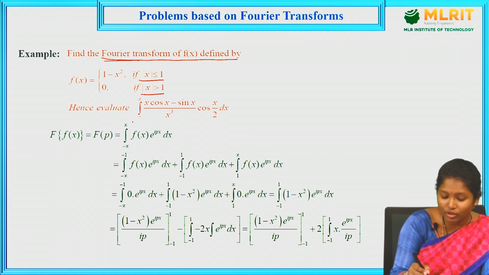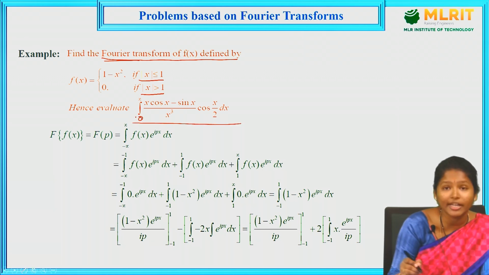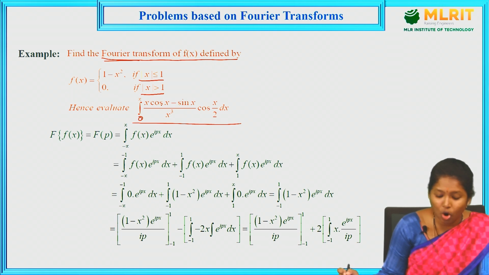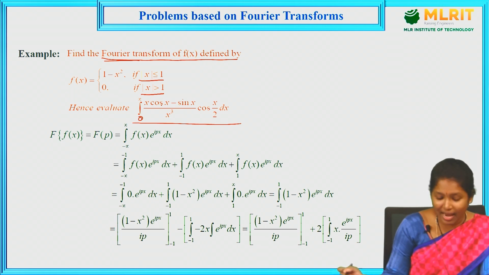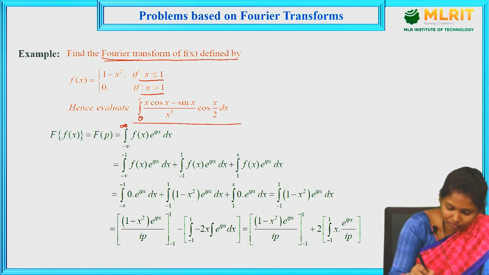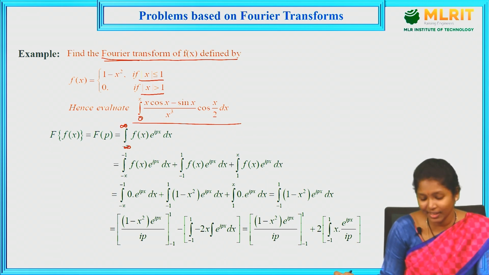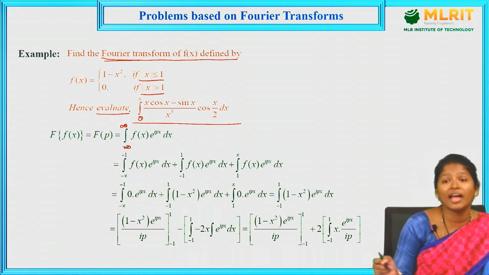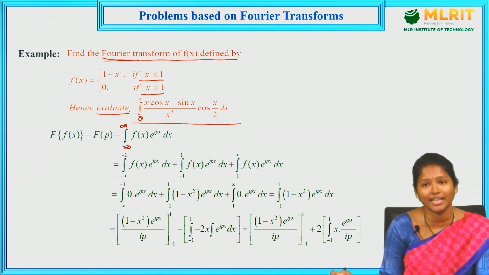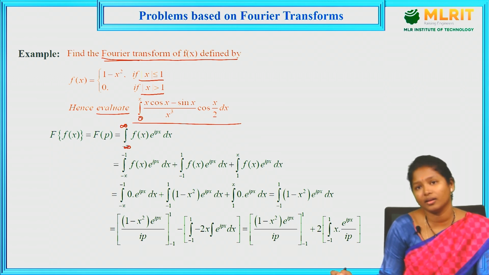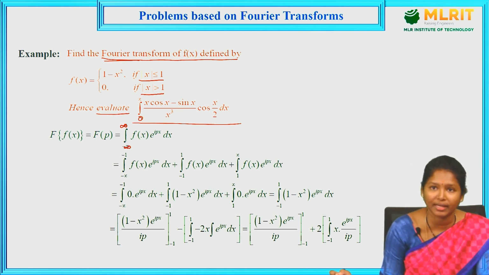Hence evaluate, or hence deduce, the integral 0 to infinity of (x cos x minus sin x) by x cube times cos x by 2 dx. Here, since they have given hence evaluate or hence deduce, it means we have to apply the inverse also. They didn't particularly ask for the inverse, but deduction means we have to apply the inverse.